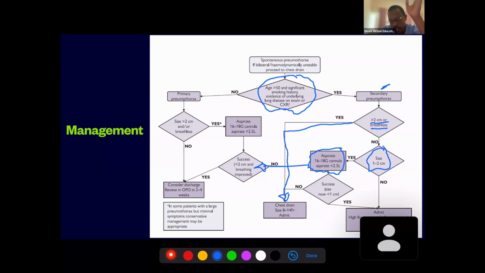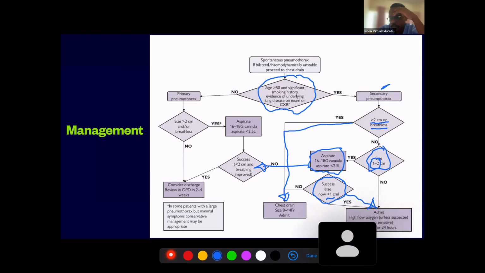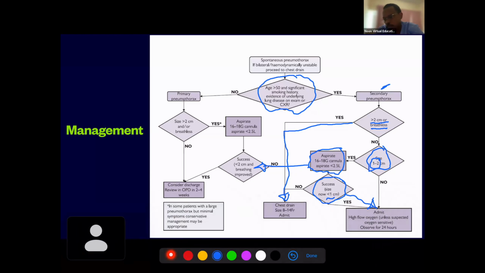After aspiration, you repeat the X-ray, and the size before was 1 to 2 centimeters. Now the size is coming less than 1 centimeter. It's good, successful aspiration. What will happen? Admission, high flow oxygen, observe 24 hours.